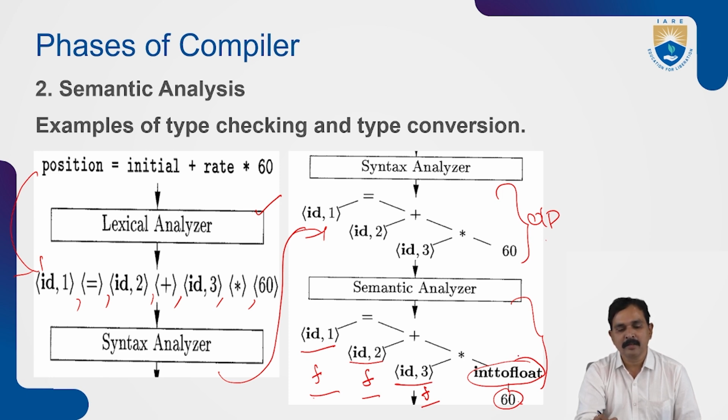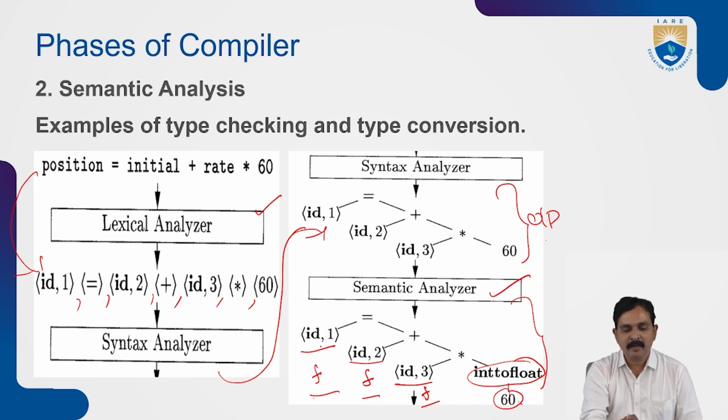Because the operations may be performed only on float values, and by mistake I gave 60, you may convert that 60 into 60.0. Otherwise, you will get a semantic consistency problem. To maintain semantic consistency, you must use the semantic analyzer.